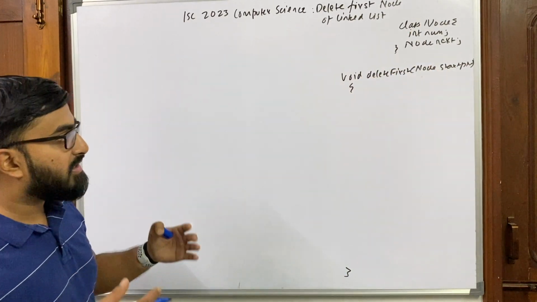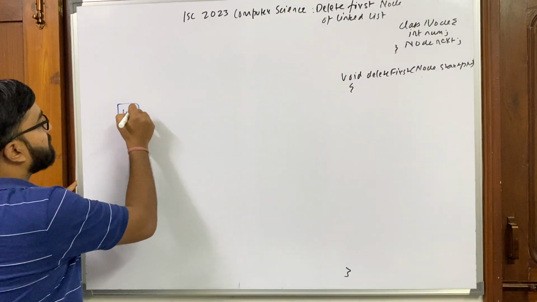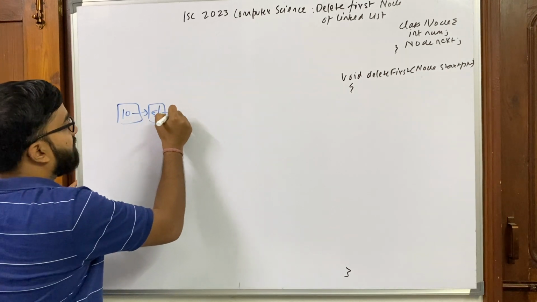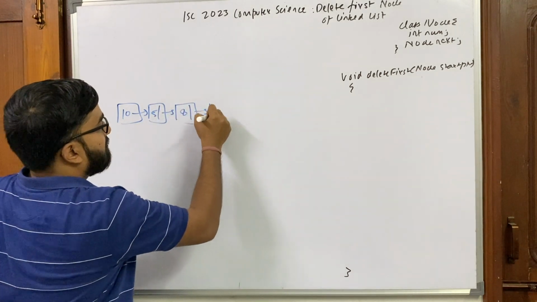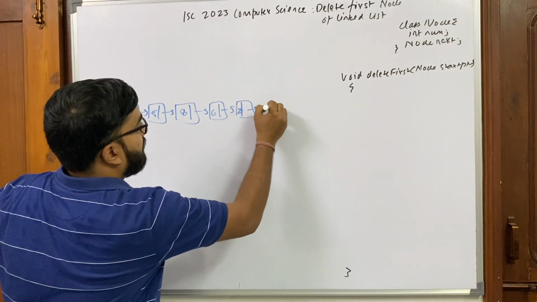So let's take a moment to understand what they mean by deleting the first node. So if I have a linked list, then 10, 5, 8, 6, 2 and null.